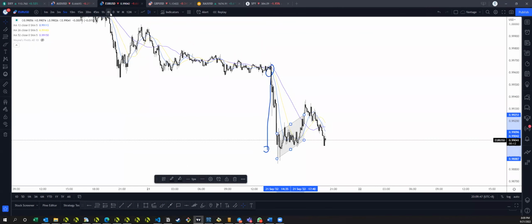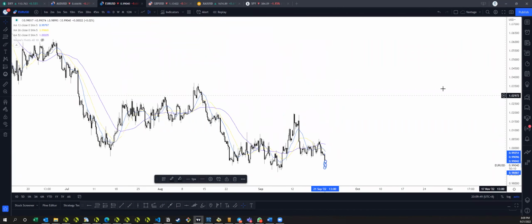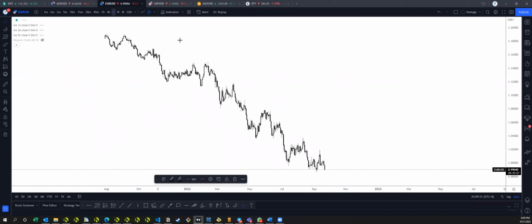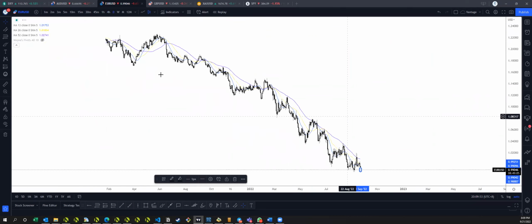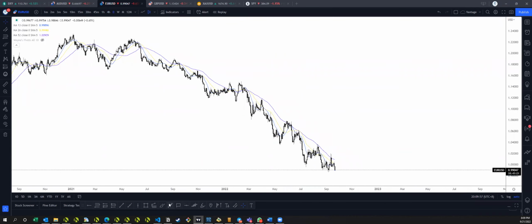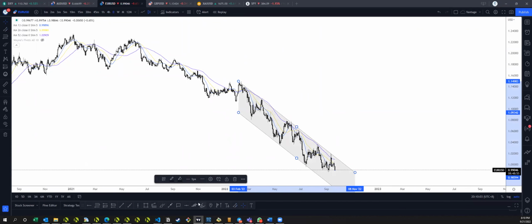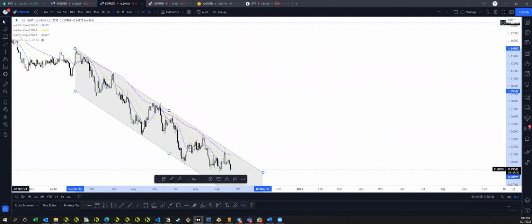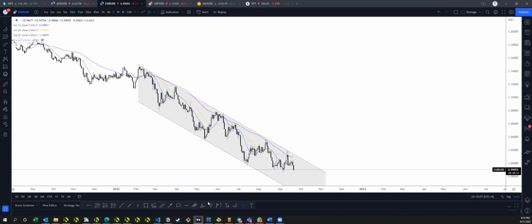So one thing to note is that at this point here, on a 4-hour or even on a daily, we can see this is similar to your dollar index, but in the opposite direction. You can see this very strong trend occurring here, and this channel has been tested multiple times.